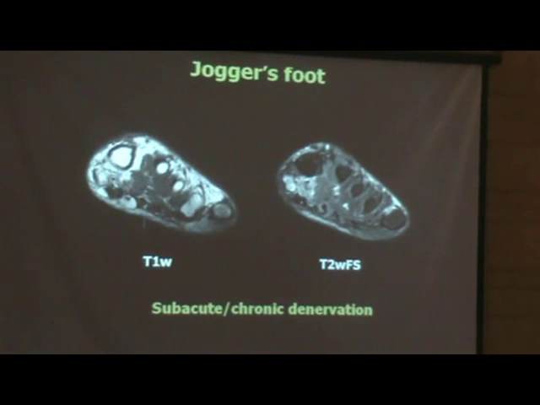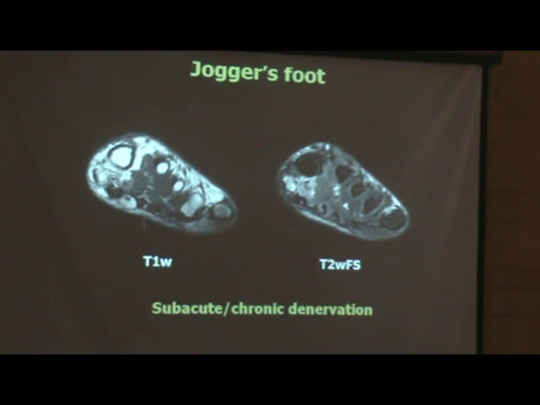This is another example, but the chronic one, you can see here on this T1 coronal sequence without fat suppression. We have already a lot of atrophy going on in these muscles. So he's losing muscle. This is a chronic stage of denervation, including the abductor hallucis muscle, the flexor hallucis brevis, as well as the first lumbrical.